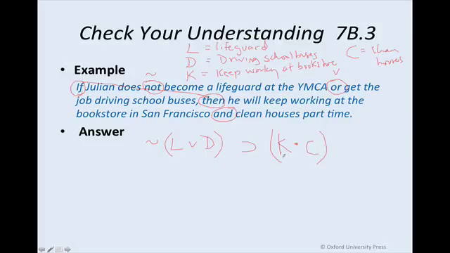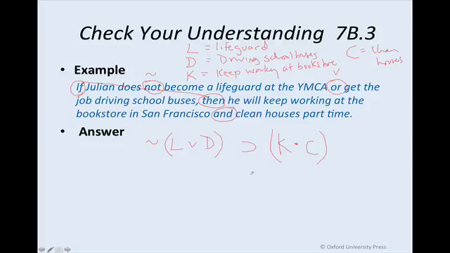Now, you might be confused by the fact that I've put a negation in front of the parentheses rather than in front of just Julian does not become a lifeguard. But the sense of the sentence is that if we deny the lifeguard and we deny the job driving buses, what we're saying is that he does neither of these things, hence the negation out front.